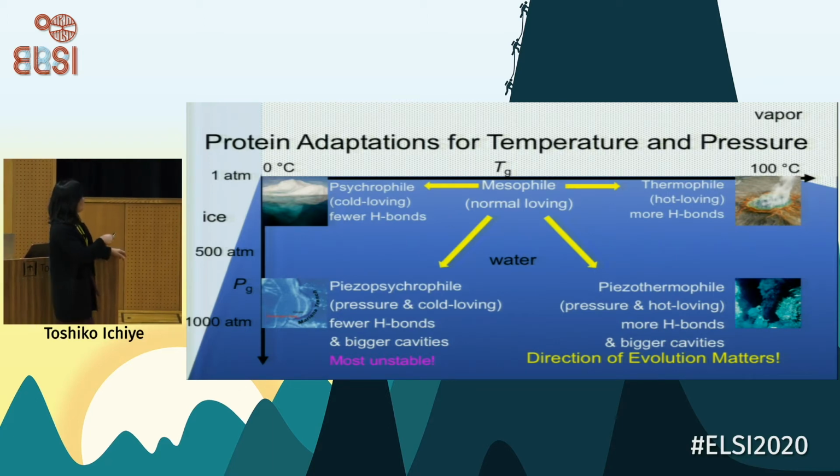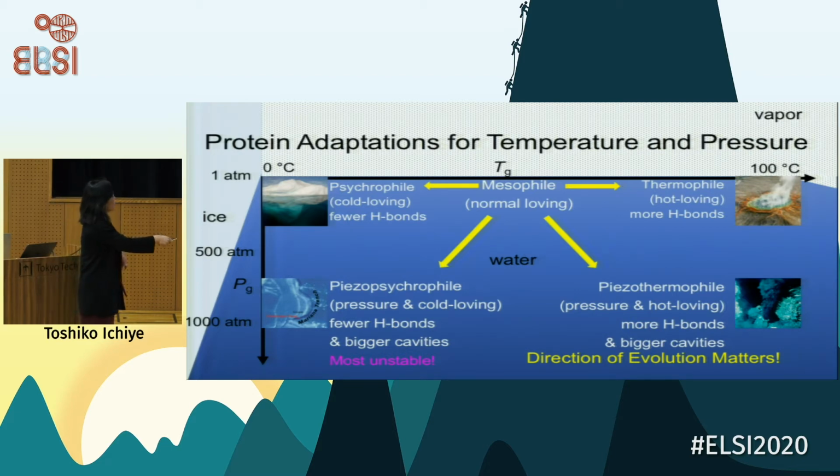And this is growth temperature, growth pressure going down from, say, sea level. As you go deeper, a piezothermophile is something that likes high pressure and heat. So that would be, say, next to a hydrothermal vent. So it needs more hydrogen bonds because of the heat, and we would think it needs bigger cavities.